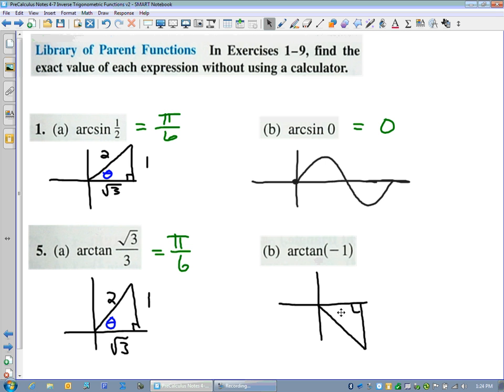So we're in quadrant 4, which means our theta will be measured negatively as a negative angle. And in order for opposite over adjacent to be -1, then my opposite would be -1, my adjacent would be 1. That would give me that ratio. So hopefully we recognize 1, 1, root 2, which is a 45, 45, 90. Therefore, our angle here is a negative 45 degrees, or in other words, a negative pi over 4.